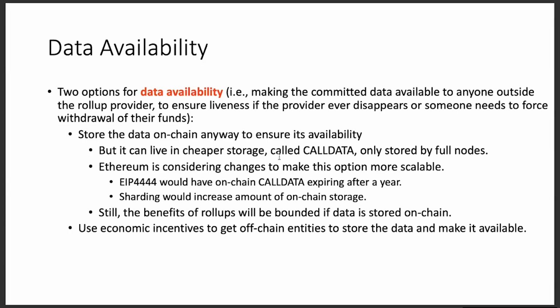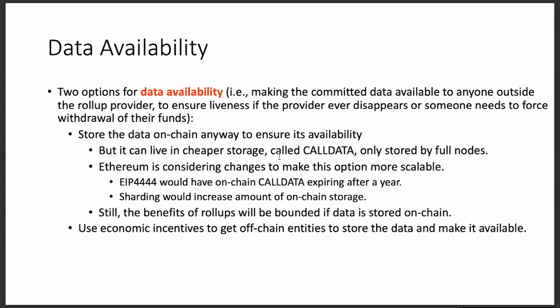So it is important to have the data be available, and if it's not just living on chain, then how is it going to be available? There are two different approaches out there. One is to store it on chain anyway, but semi-on chain in a much cheaper way.